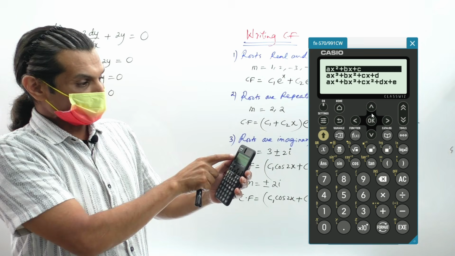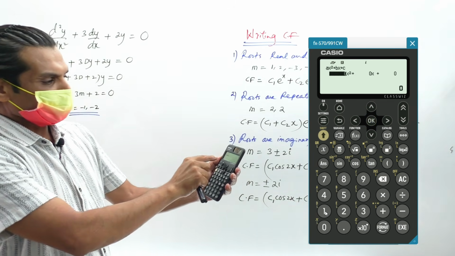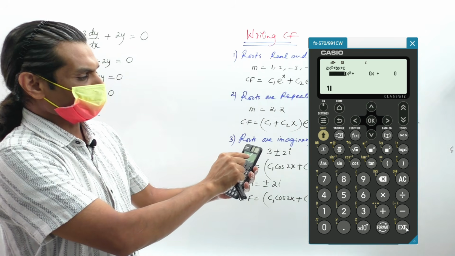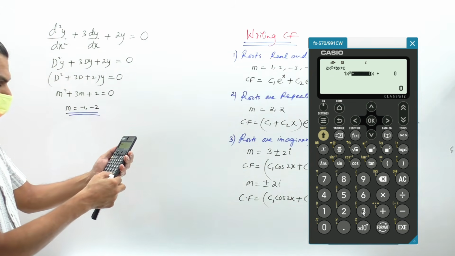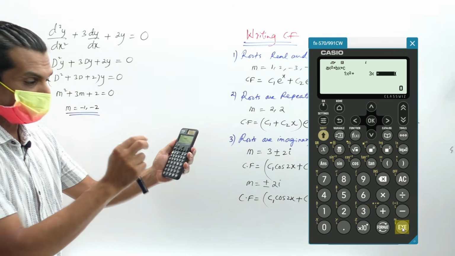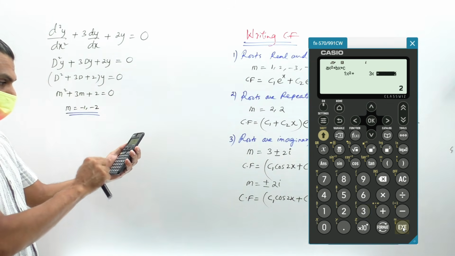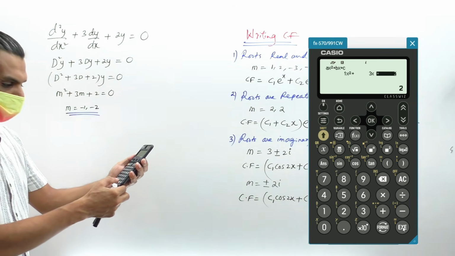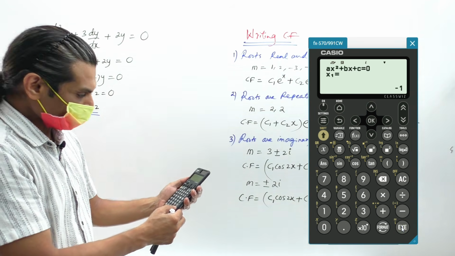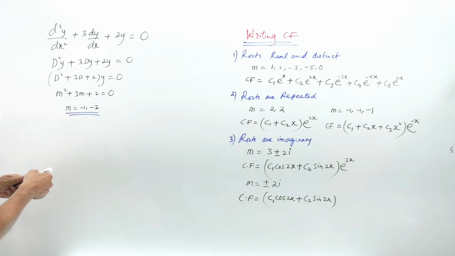Then ax square plus bx plus c. Press OK. Then that will give 0x square plus 0x plus 0. Put all the values of a, b, c. Here 1, equals; here in place of equals there is execute. Equals, 3, equals, 2, equals. So when I press execute, you get the roots as -1 and -2. As simple as that.